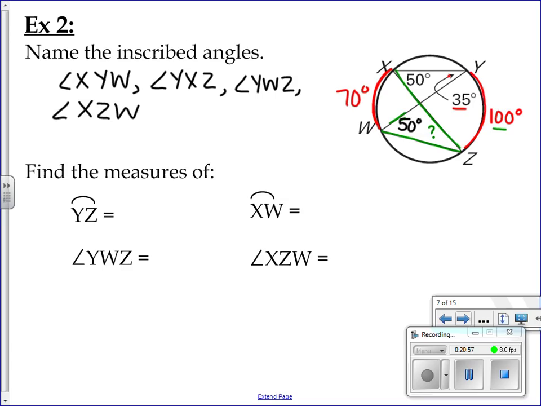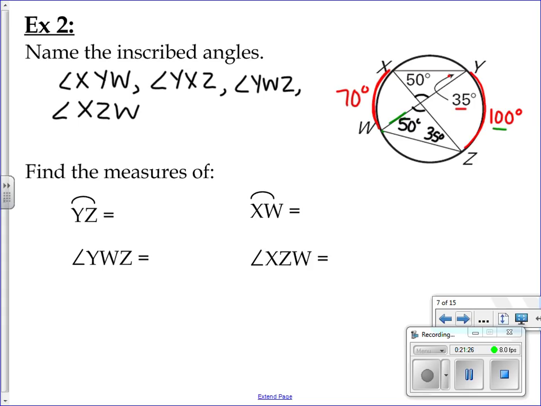So again, I'm just going to take half of 70, and that's going to give me that this angle is 35 degrees. So we actually have two equal triangles inside of this circle. We don't have to figure these out, but if we wanted to figure these vertical angles out, we could. But I don't think the question is going to ask us that.